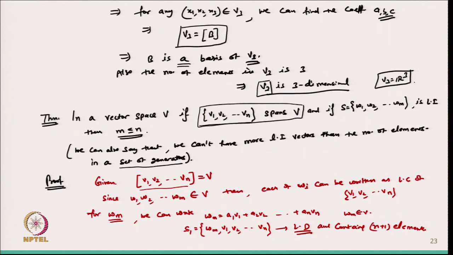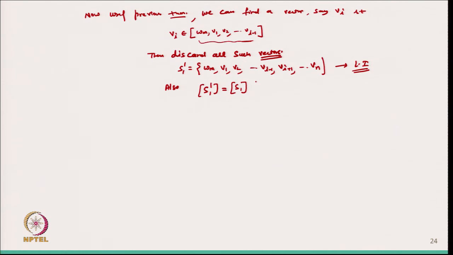So, the span of S1 dash is equal to the span of S1, and also the span of S1 is basically the span of V, that is, it spans V completely, because S1 is just V with one linearly dependent element added.